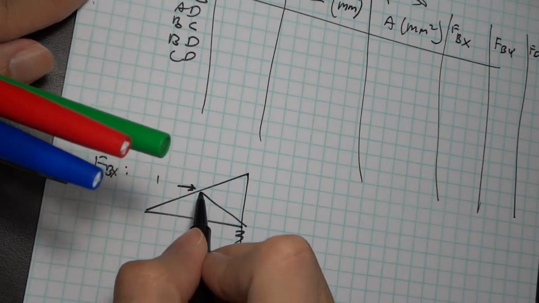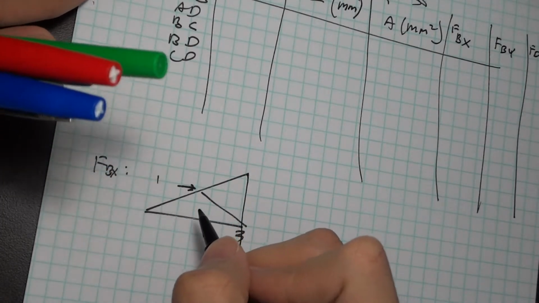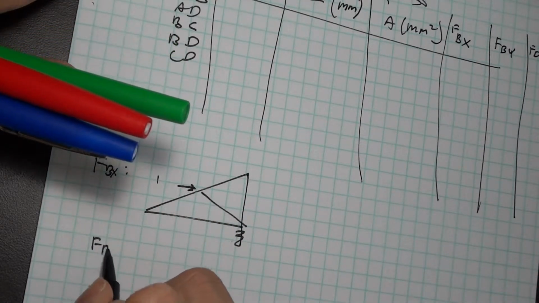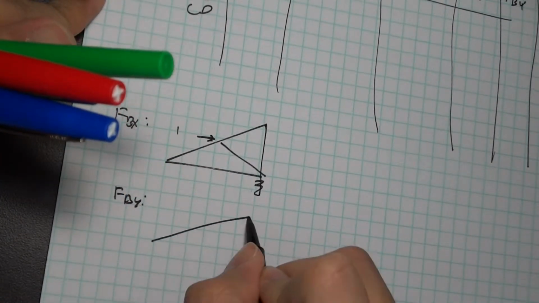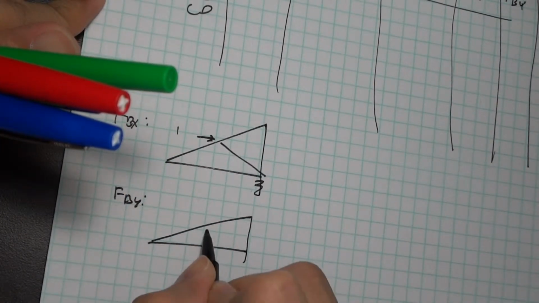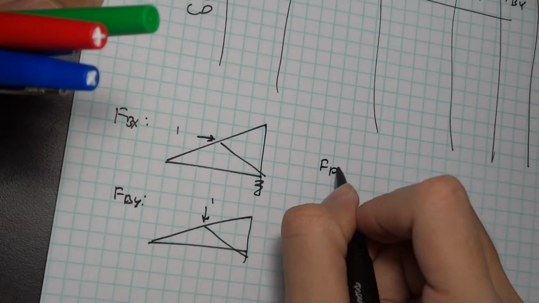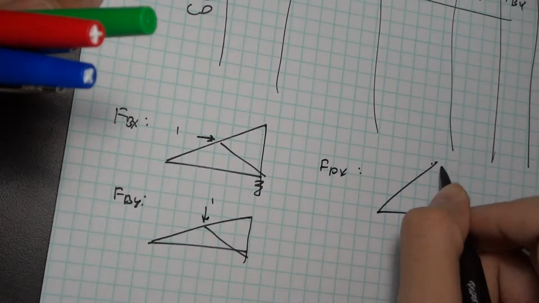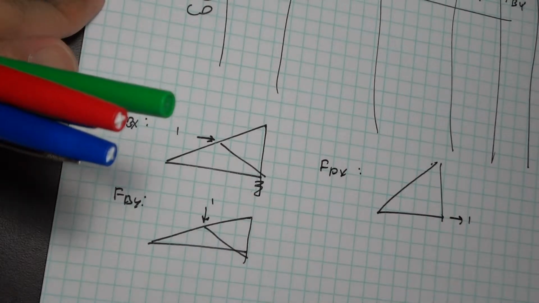And then with this load, you want to find the force that develops in every single member. And so your FBY is going to be like this by 1. And your FDX is going to be by 1.